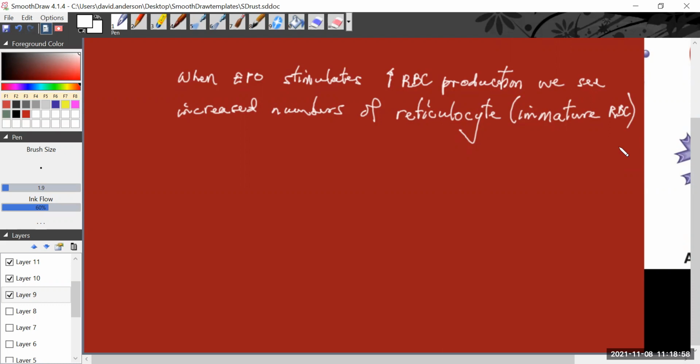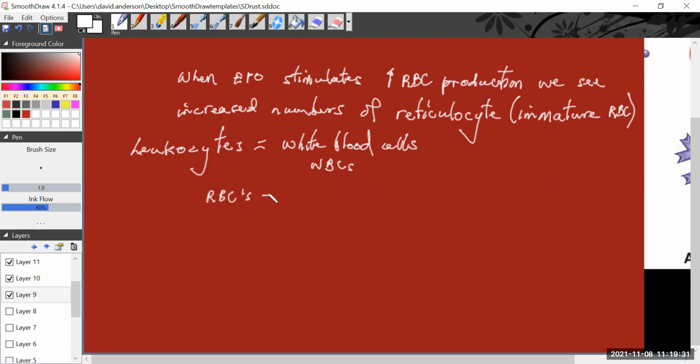Now, the other cell types that we have in the body are white blood cells, and their scientific name is leukocytes, which are white blood cells, WBCs. And we can put a little s on there to make it plural. So these are much lower in numbers. The red blood cells are around 99% of the formed elements.